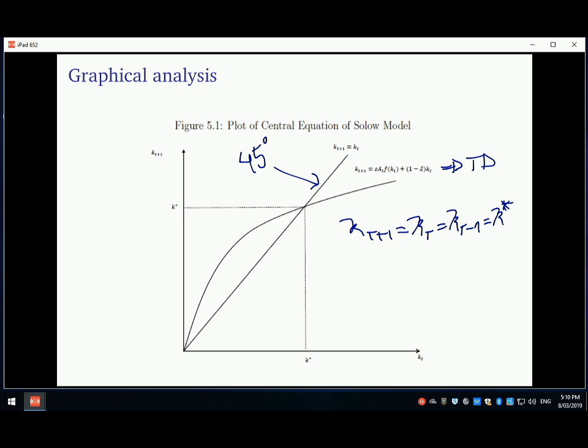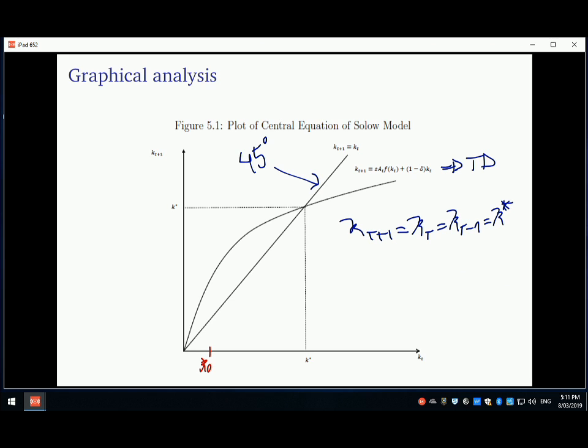So let's think about how the economy gets there by using the transitional dynamics equation. Okay? So say that we start at little k0. Let's not assume anything about a year, but it's just little k0.